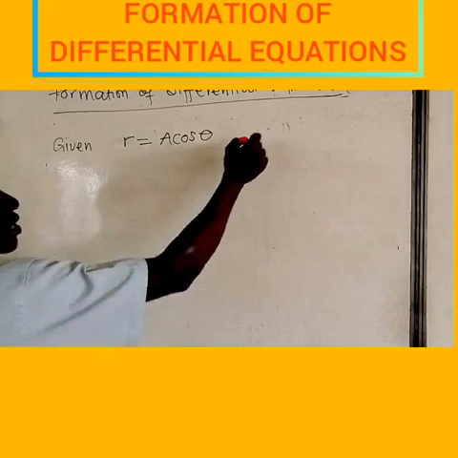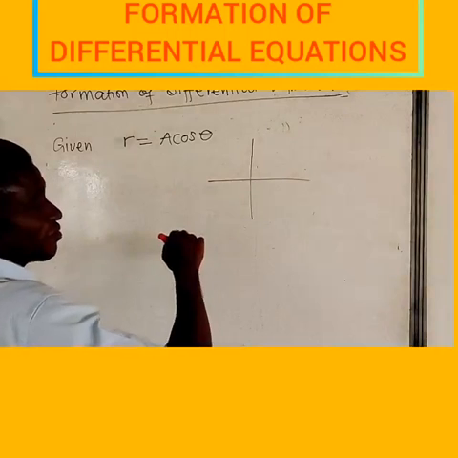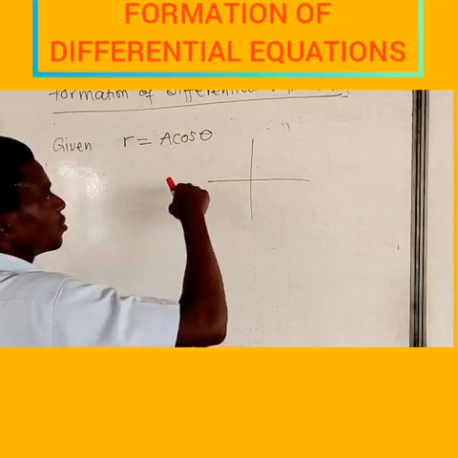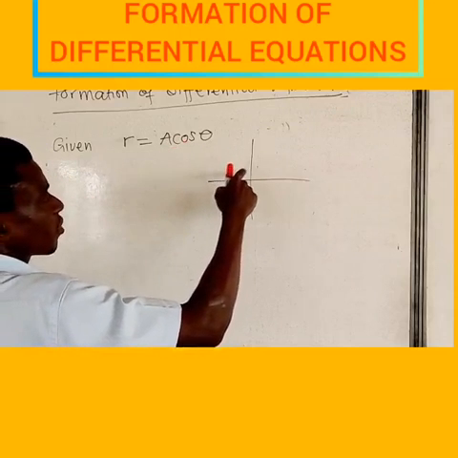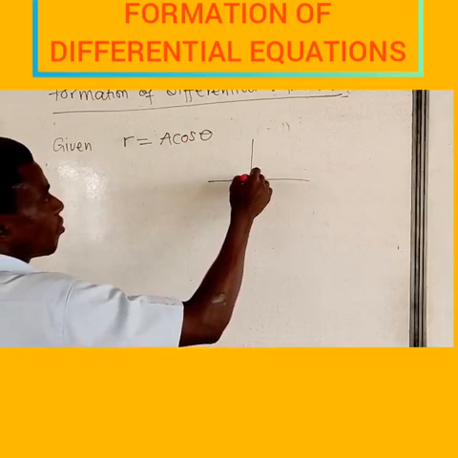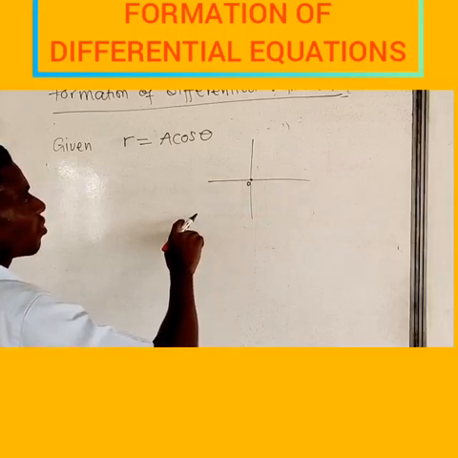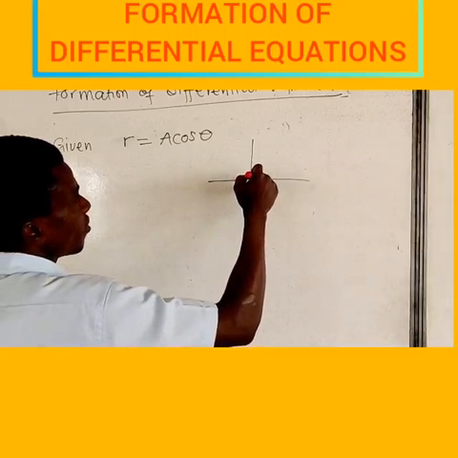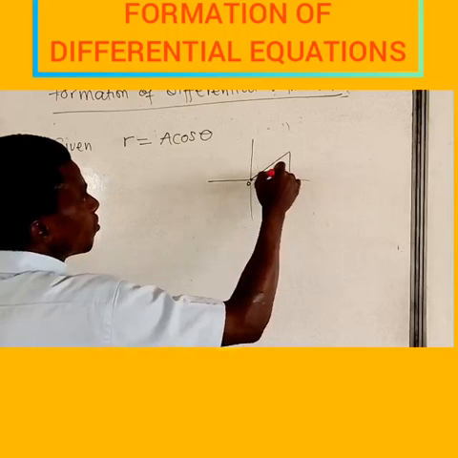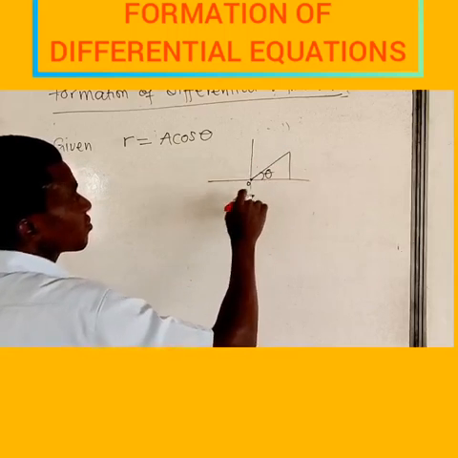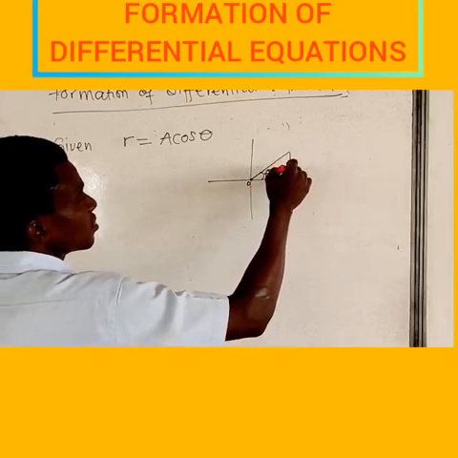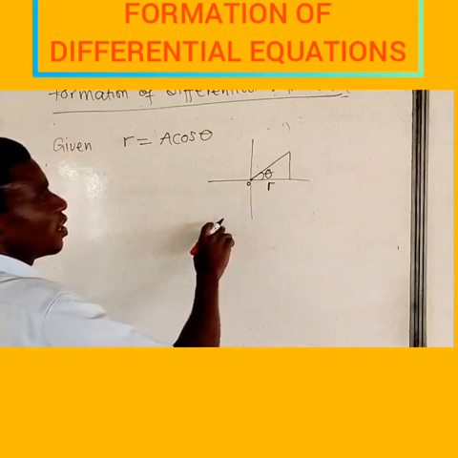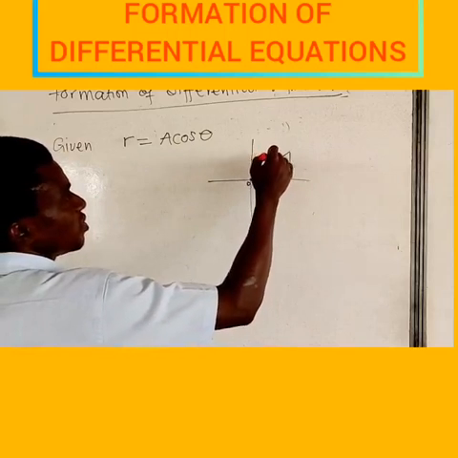Now this looks like a cos graph, with center O and radius a. With angle theta, the adjacent being r, and the hypotenuse being a.